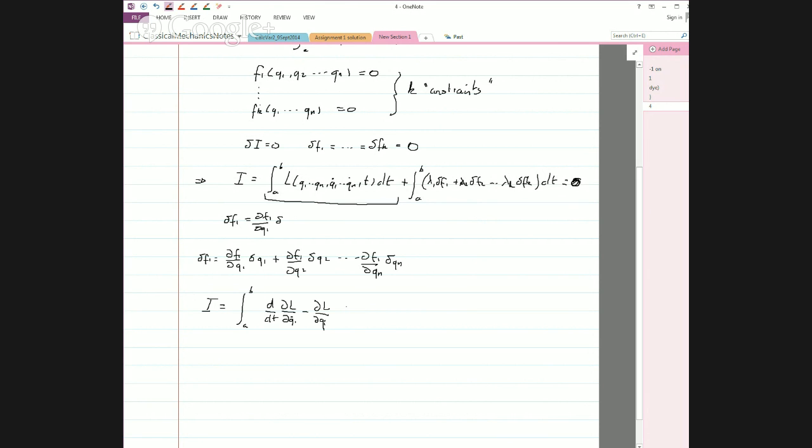And there's going to be a term like this for each i, and so there's going to be a sum over i of these terms. Each of these terms was multiplied by an epsilon phi of x, and that's the same as a delta qi. So for the first term, we saw that by integrating by parts, we can factor out the phi of x, which is the delta qi, and so we can write this as a sum.